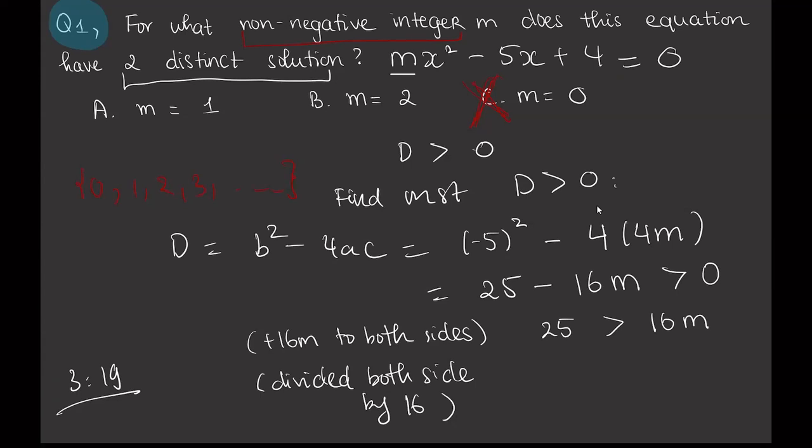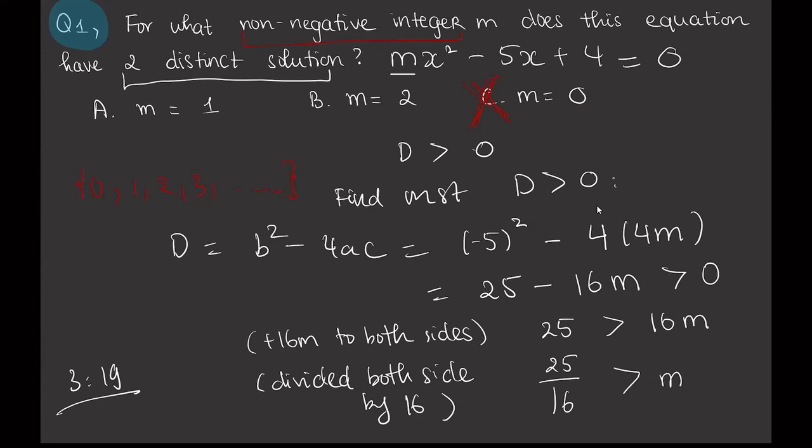It doesn't change the inequality direction. It doesn't make it smaller because 16 is positive. When you multiply or divide by a positive number, the inequality direction remains the same. So you have 25 over 16 is greater than m.